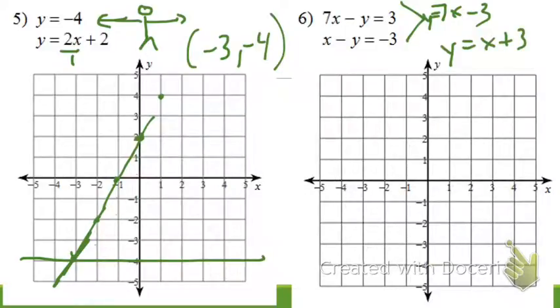So I'm graphing 7x minus 3, 1, 2, 3, 4, 5, 6, 7, 1, and then x plus 3, starting right there, up 1 over 1, there's my line, solution, 1, 4.